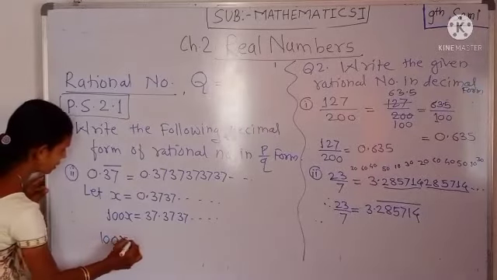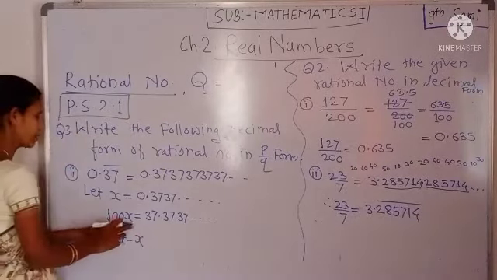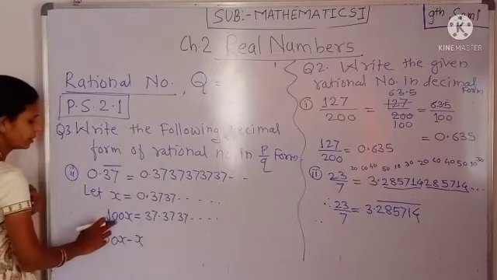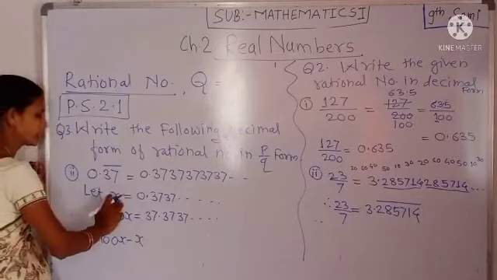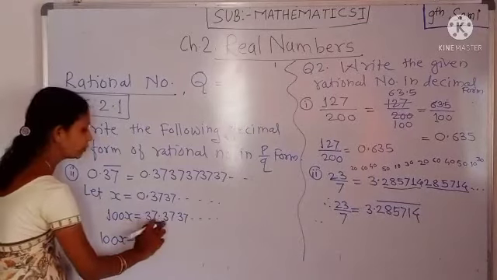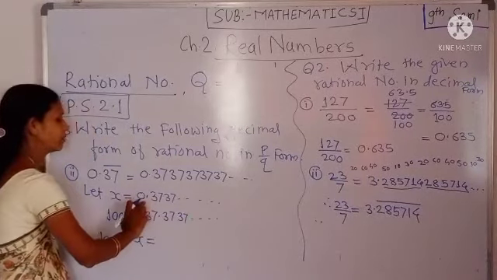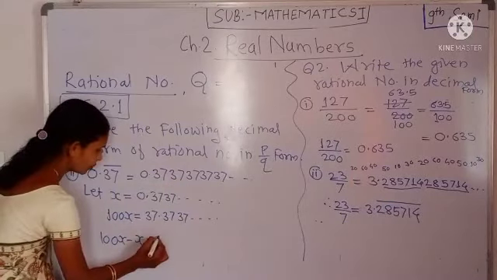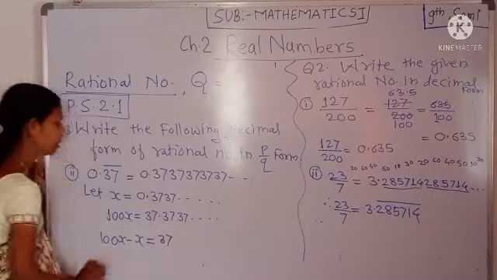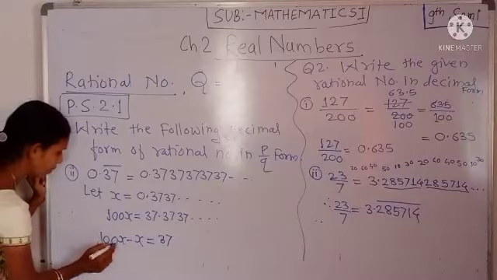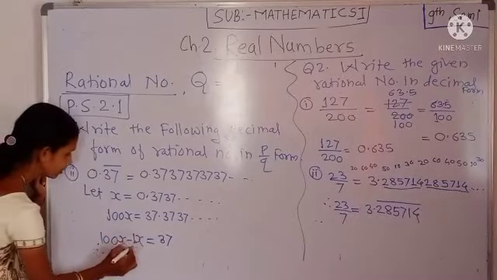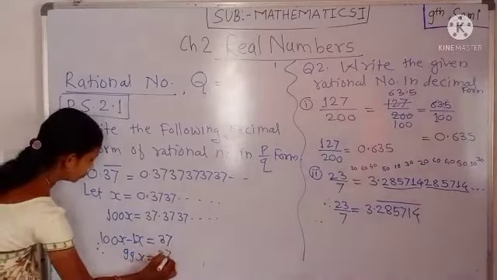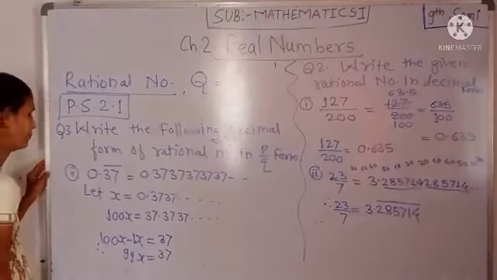Then subtract x from 100x. Then subtract this equation from the second equation. That means 100x minus x. Therefore 37.3737 minus 0.3737. Therefore we get 37. And therefore here 100 minus 1x, that is 99x, is equal to 37.